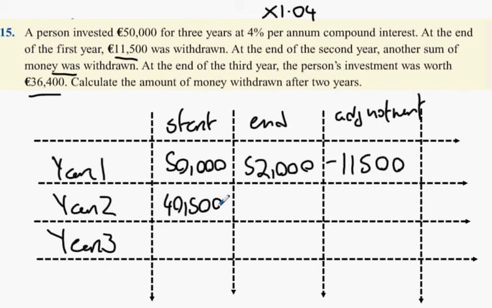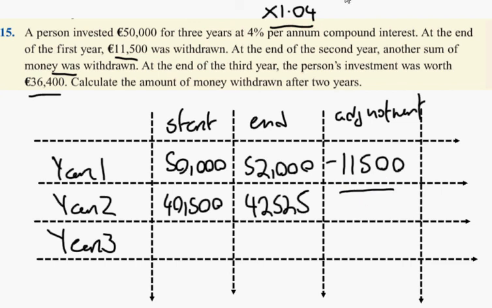40,500. Okay. What we do next, guys, is multiply by what percentage for the second year? Multiply by 1.04 again, and what do we get? We did something to this number.